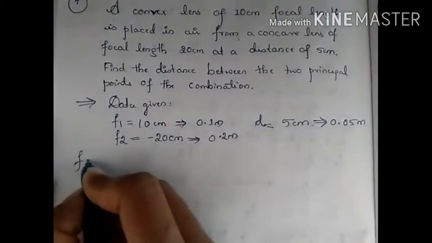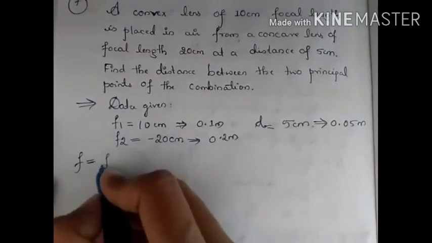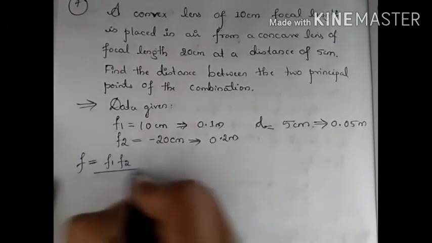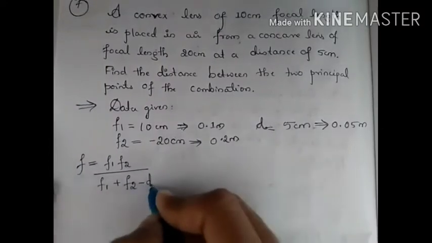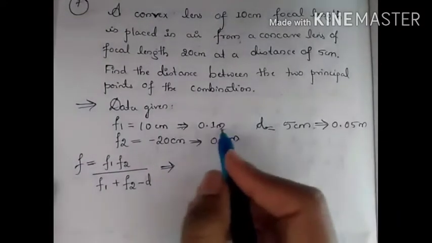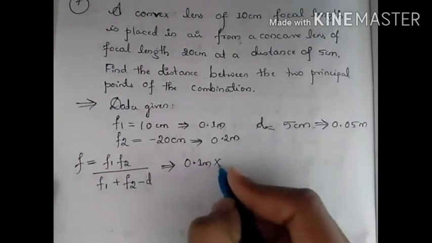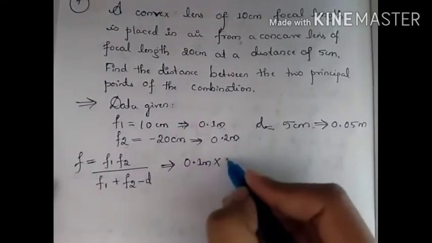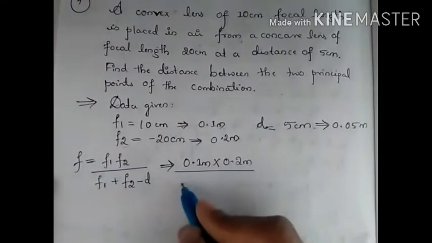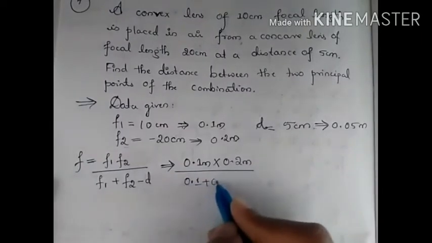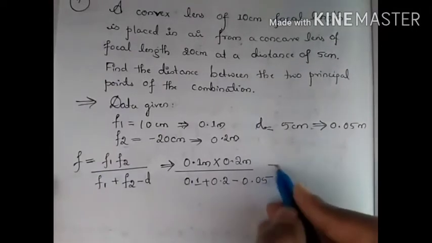So directly you can apply the formula for the equivalent focal length. F is equal to f1 multiplied by f2, divided by f1 plus f2 minus d. f1 is known to us, 0.1 meters, multiplied by f2, that is minus 0.2 meters, divided by f1 which is 0.1 plus minus 0.2 minus d which is 0.05.